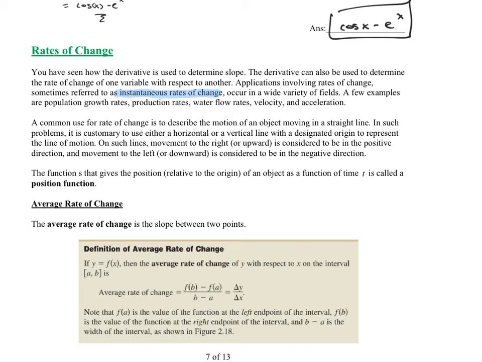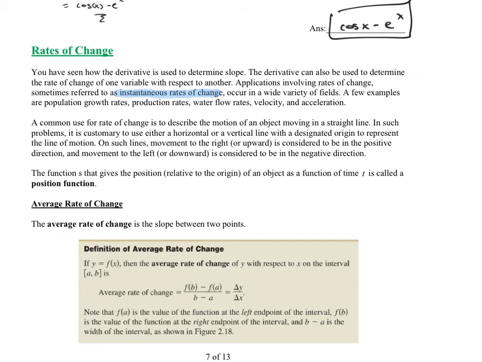We do not consider both directions. I know if you drop a ball, the wind's going to take it a little bit, right? And it's not going to land directly below where it was dropped. So we have to consider this as happening in a vacuum. There's no air resistance and there's no movement left or right. All we care about is movement up and down. So that is called the position function, looking at just the height of that object.